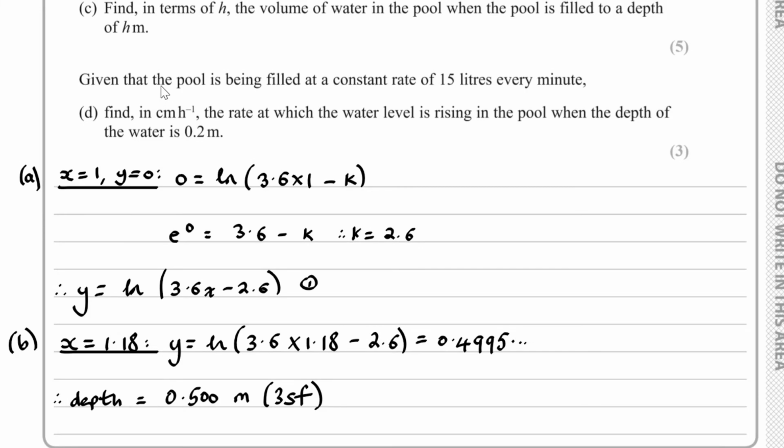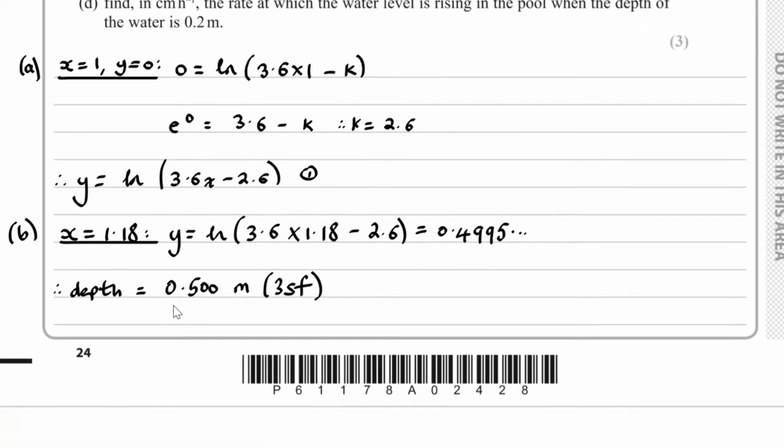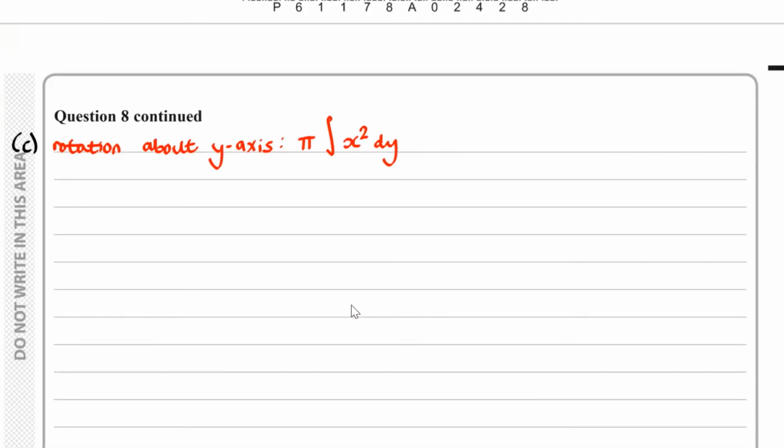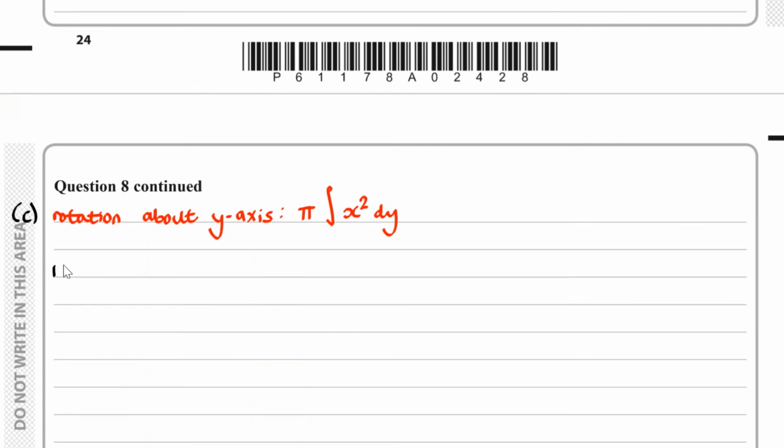If we take a look at equation 1, we can rearrange to find what x is in terms of y and then square that result and stick it back into here. So from equation 1, we have e to the power of y equals 3.6x minus 2.6, from which we can see x is equal to (e to the power of y plus 2.6) over 3.6.